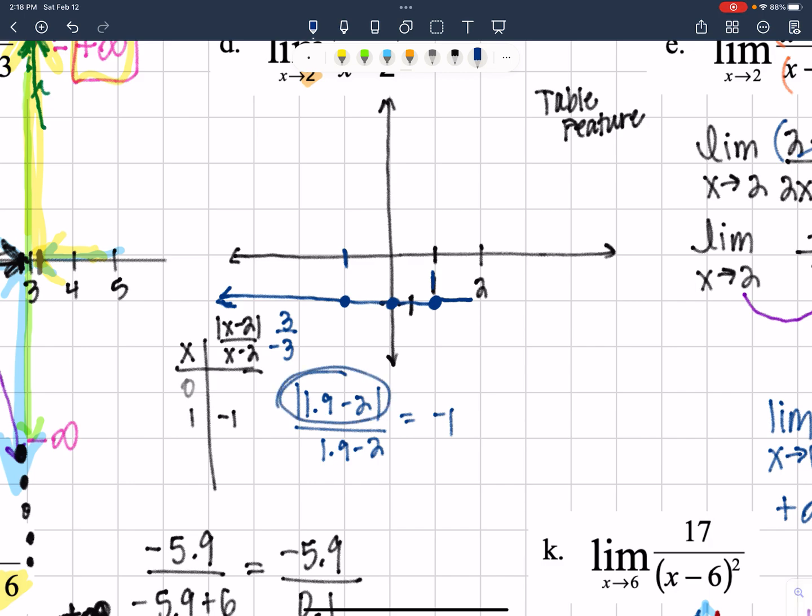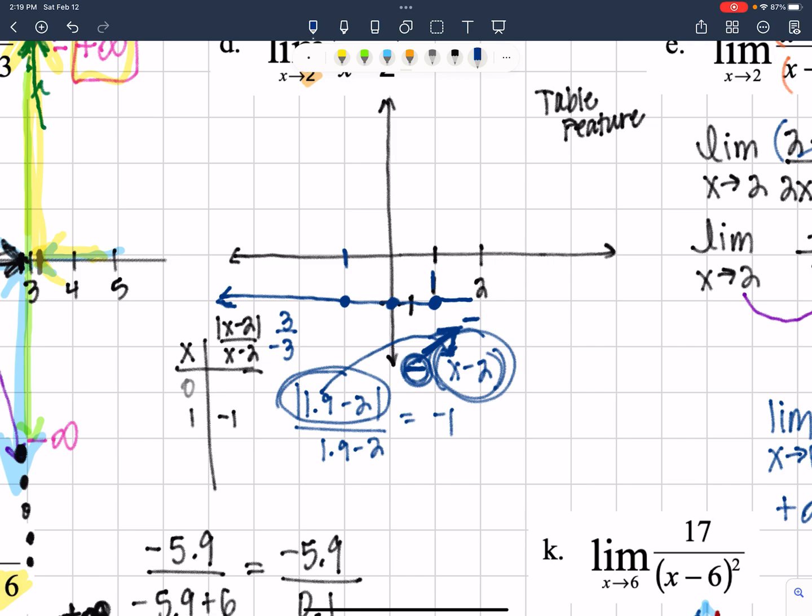Because what's happening here is you've got the opposite of x minus 2. Okay? So you've got the opposite of x minus 2. When you put that 1.9 in, this is going to become negative. And then the absolute value is going to change that negative to a positive. So the absolute value, you're going to need that negative on the outside.